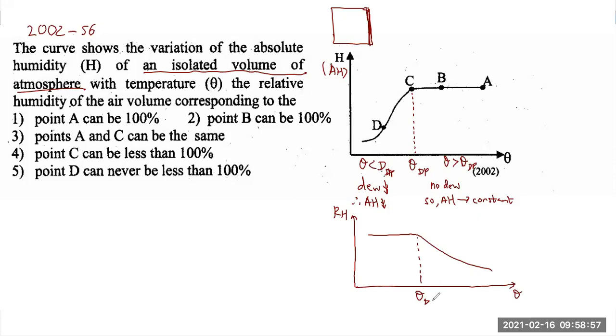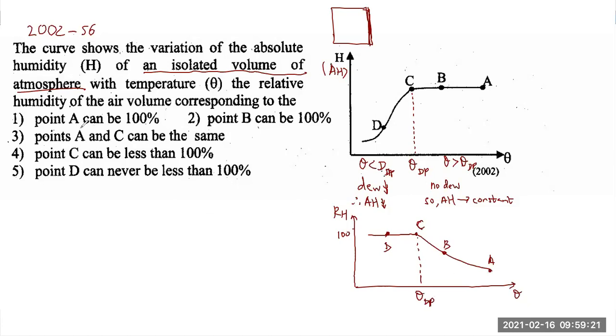So the corresponding points for RH will be down, D exactly. I can think of D here and C here, and for D and C, RH will be 100 because it is saturated. And then B is somewhere here and A is somewhere here. These are the corresponding points in the RH graph.